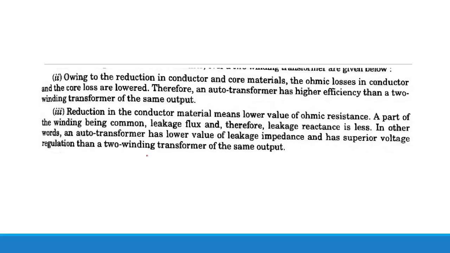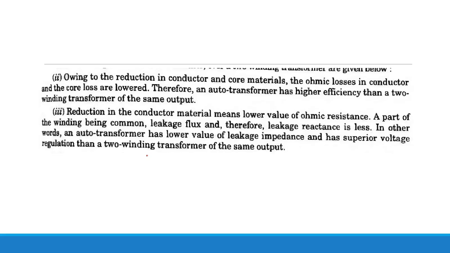The third advantage is that in case of an auto transformer, you can get superior voltage regulation when compared with the two winding transformer. Why? Because the auto transformer has a lower value of leakage impedance when compared with a two winding transformer.